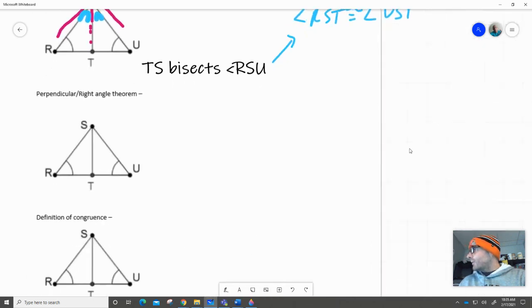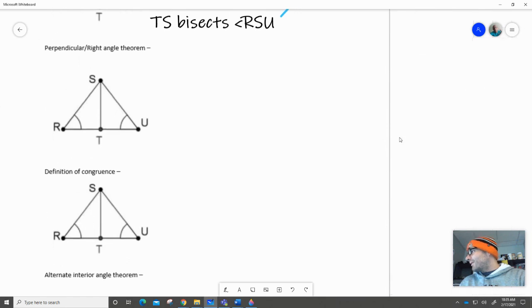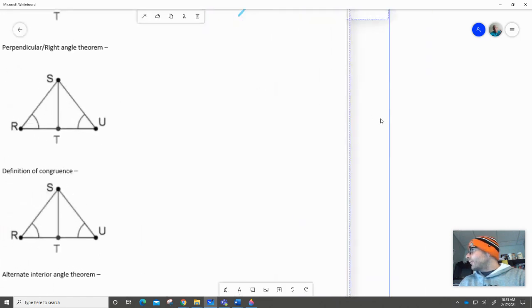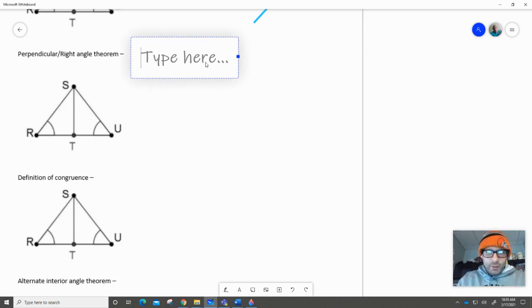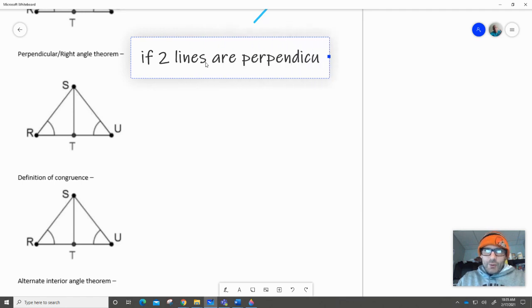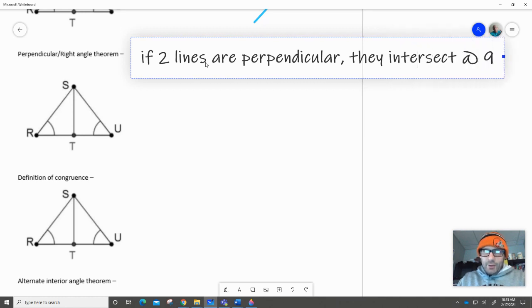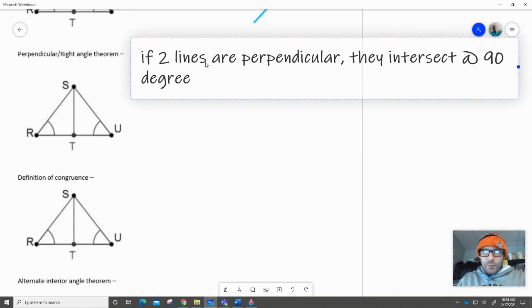Next, perpendicular and right angle theorem. These are two kind of different things, but I'm going to merge them into one just to save ourselves some time. Lines are perpendicular when they intersect at 90 degrees, creating right angles.